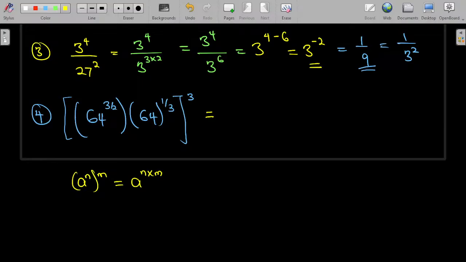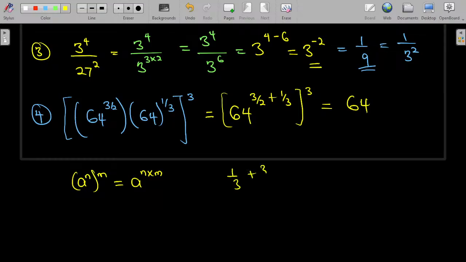So since the bases are the same, we choose one of the bases, and then we sum the powers, which is 3 over 2 plus 1 over 3. Okay, and then everything is still raised to the power of 3. So if we join the powers now, let's do that somewhere here. 1 over 3 plus 3 over 2.